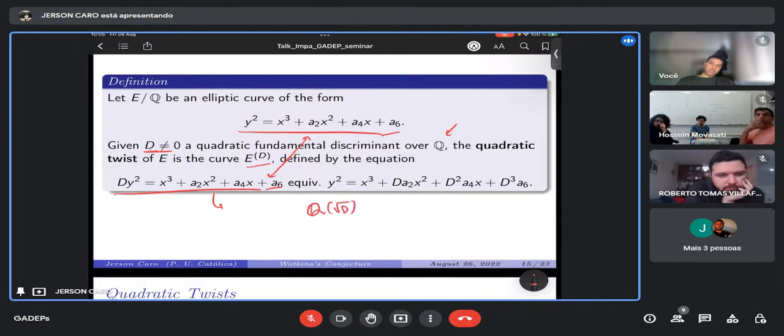And why is that? Because you can do a change of variables, x to x and y to y over square root of D, and you get an isomorphism. So they are isomorphic over Q(square root of D), but not over Q. They are not isomorphic over Q.